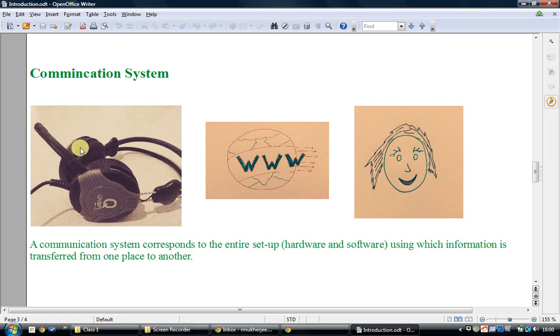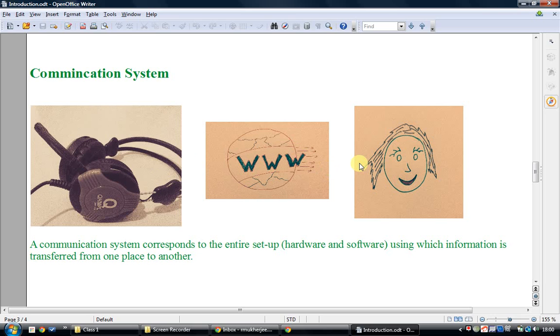At my side, I am just speaking on a mic. My voice, which is in the analog domain, is converted to the digital domain by this setup, that is the mic. That information is transmitted to you via the internet.